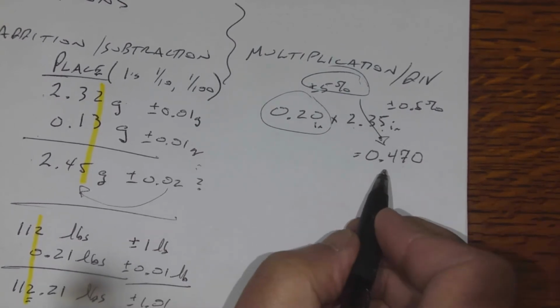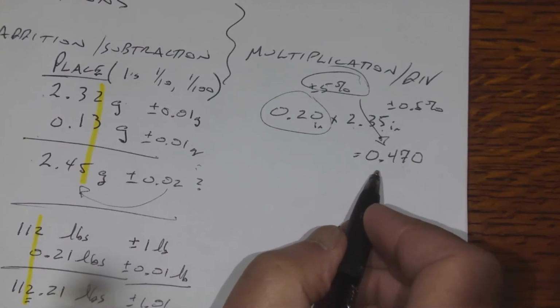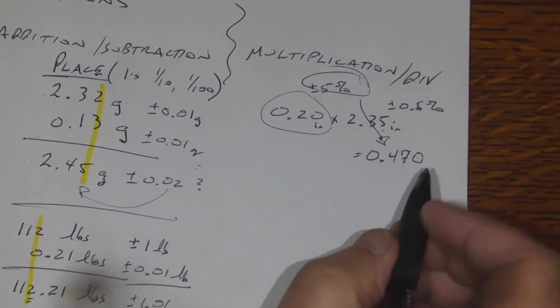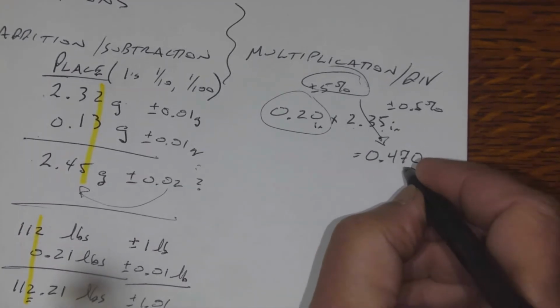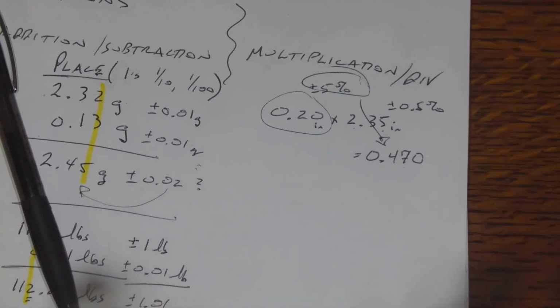And 5% of 0.47, what's that going to be? 5%, 0.05, 1% would be 0.5, so it'd be like 0.025, I think. I should really get a calculator out, make sure I can do a little bit of arithmetic here.